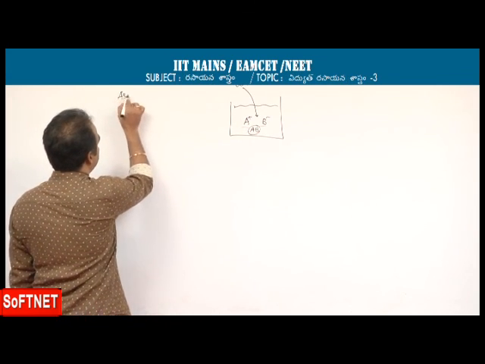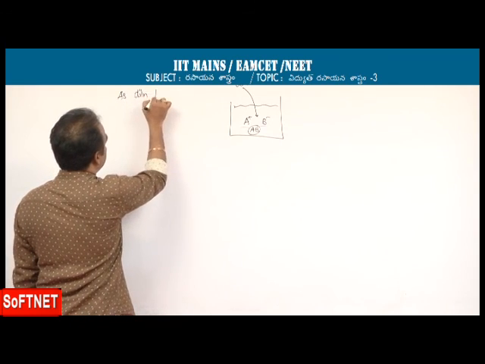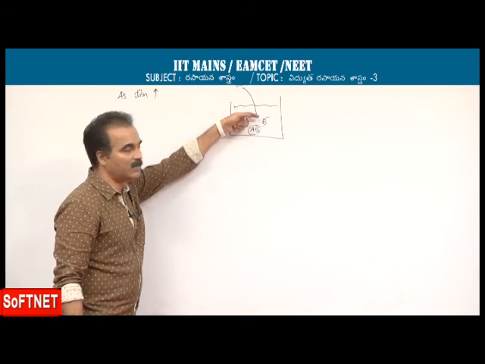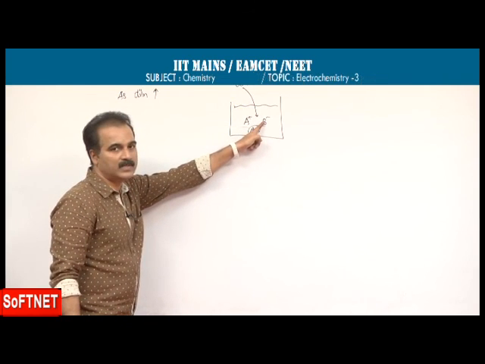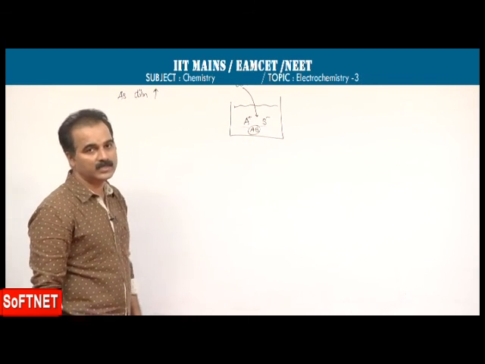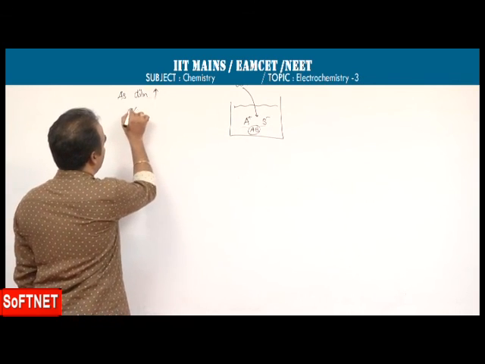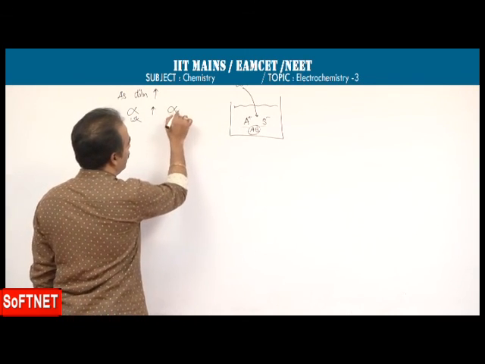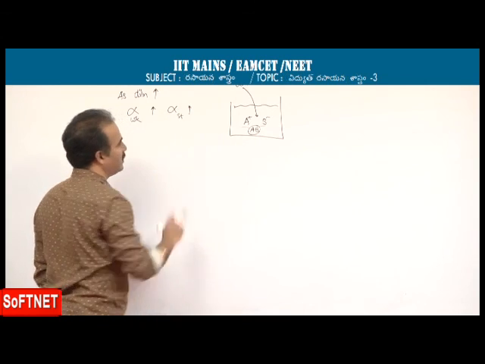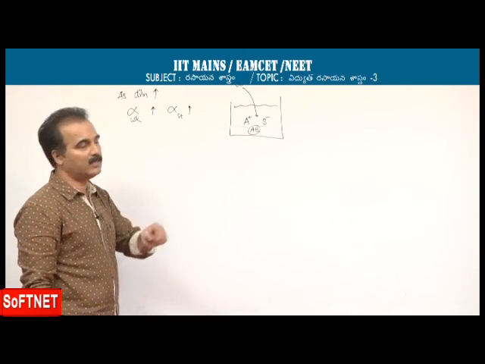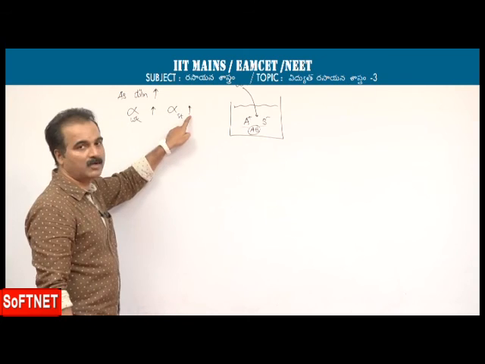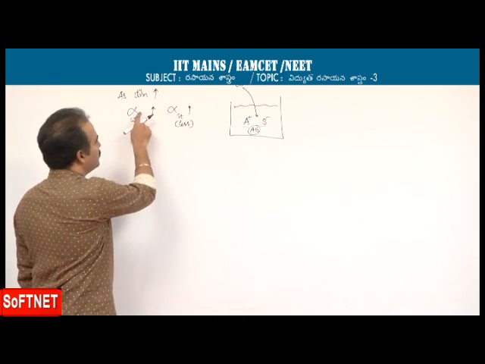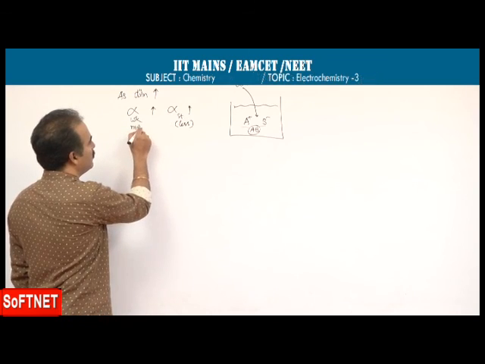So, as dilution increases, first thing, because of the addition of water, some more electrolyte will dissociate, means its degree of dissociation is increasing. Alpha of weak increasing, alpha of strong also increasing, but the increase in the degree of dissociation of strong electrolyte is less and the increase in the degree of dissociation of weak electrolyte is more.